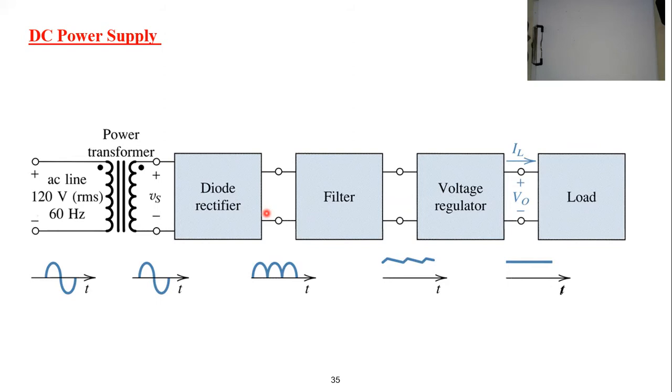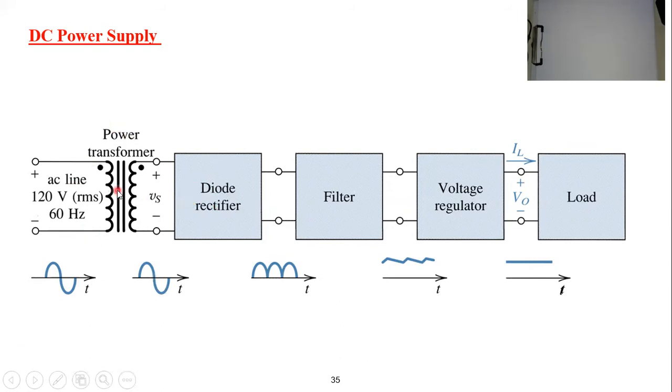Maybe you have already seen this diagram before. I believe that in your circuits module, you have already used this block diagram in order to implement your project dealing with DC power supplies. In this, you have examined the first block, which is directly after the transformer, which is the rectifier.